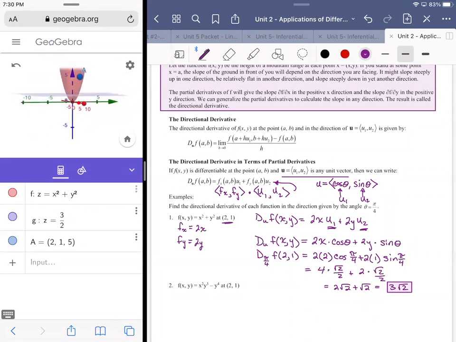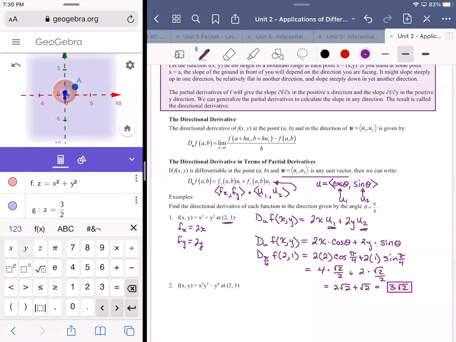What this is saying is now if I take this curve, so red is X and green is the y-axis. If I follow this surface moving in the x direction or the xy direction of pi over 4, right? So I'm actually going to follow the direction of y equals x.